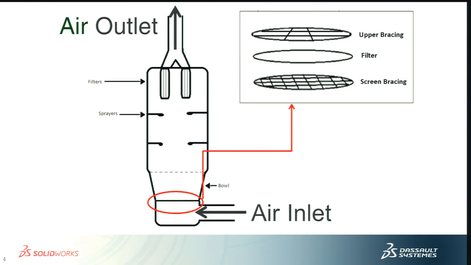We have a bottom bracing for the screen, then the filter itself, and on top of that we have the upper bracing, which is what we're trying to work on. We're going to brace the top of this filter to keep it in place so it doesn't deform or deflect too much when there's a pressure differential across the filter. In this case, it's a 0.7 psi pressure differential.